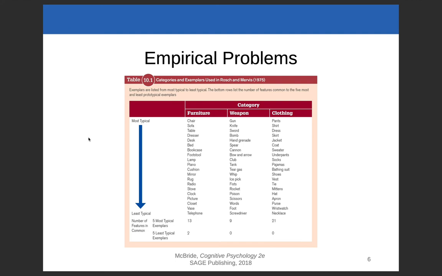The problem with this classical approach, the problems that we've identified, are that there are no clear necessary and sufficient features that always work. You're always going to find exceptions if you come up with a definition of something.